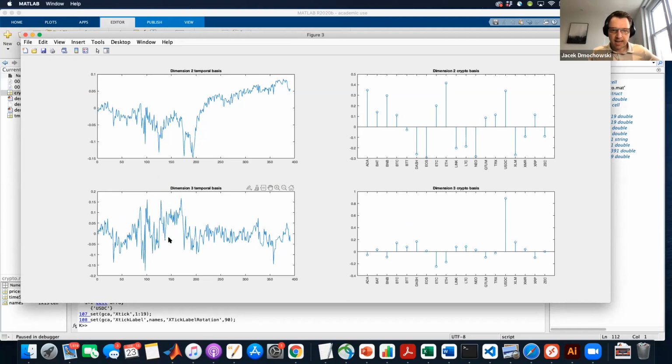So this is what happens when you have one dimension that is an outlier that behaves on its own. You'll see that basis vector is basically 0 for everything except for that one outlier. And this temporal basis function is very similar to what we saw.